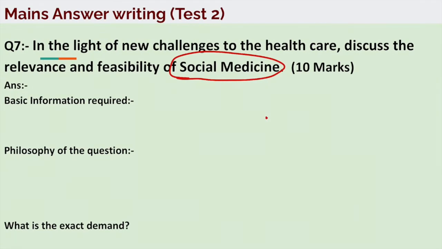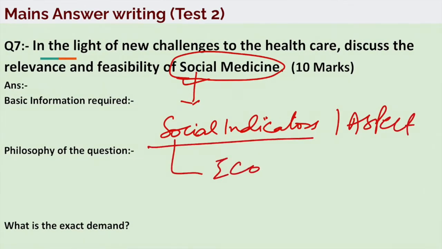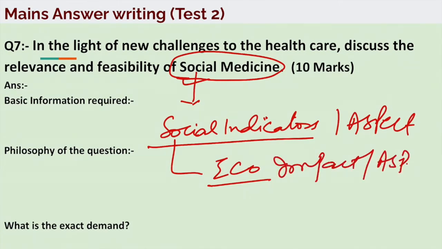Now, how would I respond in the examination if I look at this term, social medicine? Just by looking at the words social medicine, one thing will come to my mind: it is something related to social indicators, or to the social aspect. And if anything is related to the social aspect, then it will have a spillover effect on the economic aspect.